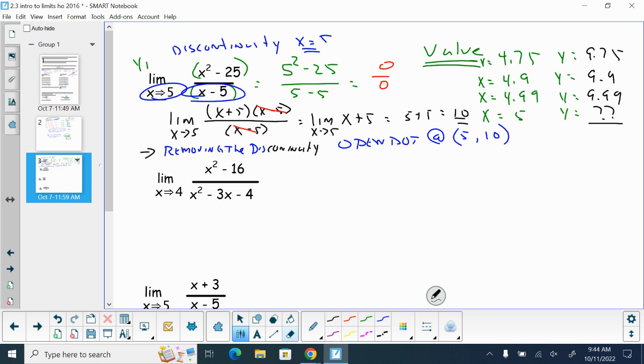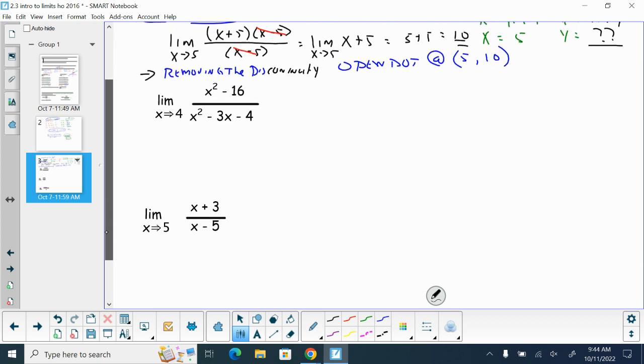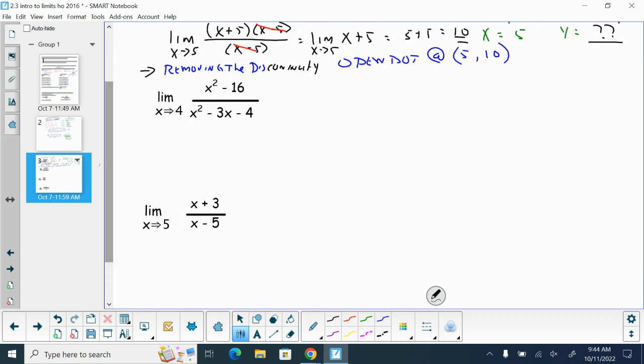And once we removed that discontinuity, we're able to calculate a limit. If I try to put 4 in here, I get 16 minus 16. On the bottom, we get 16 minus 12 minus 4. So we get 0 over 0. We have a discontinuity there. So let's take a look at eliminating that discontinuity.